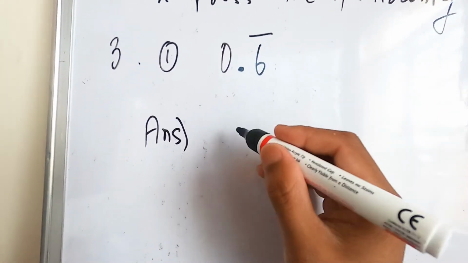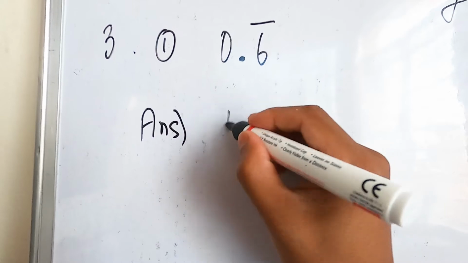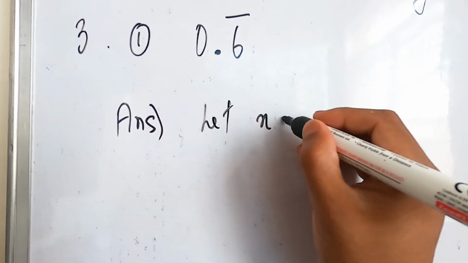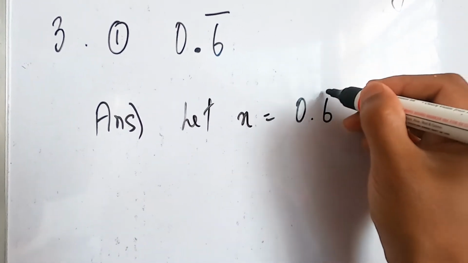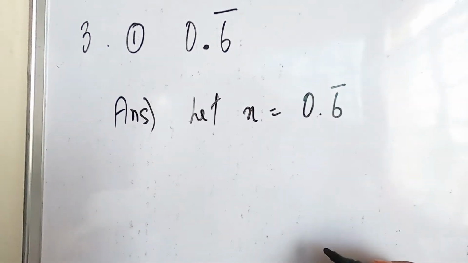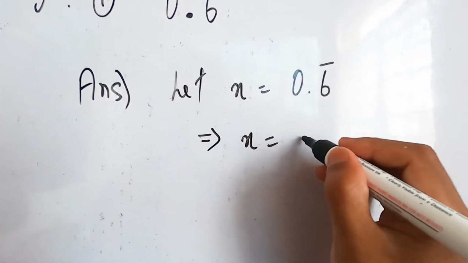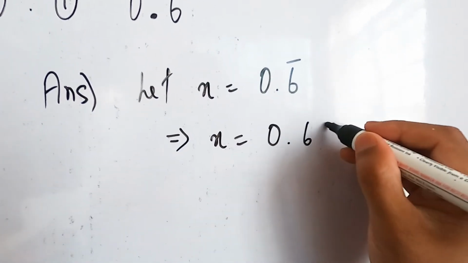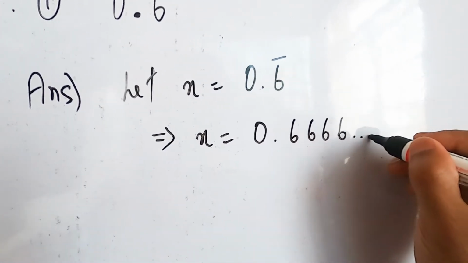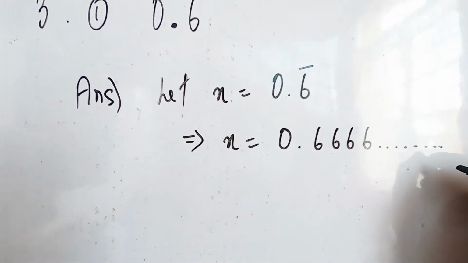So we write, let x be equal to 0.6 with a bar on top of 6, which implies that x is equal to 0.6666, and so on and so forth.